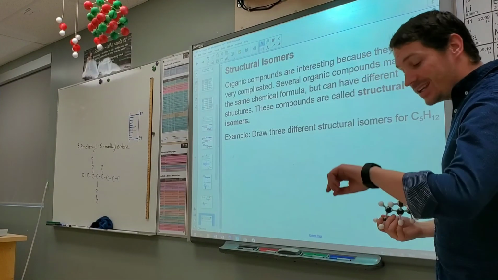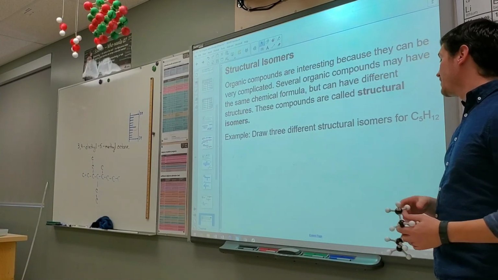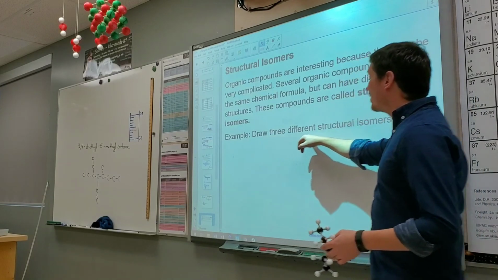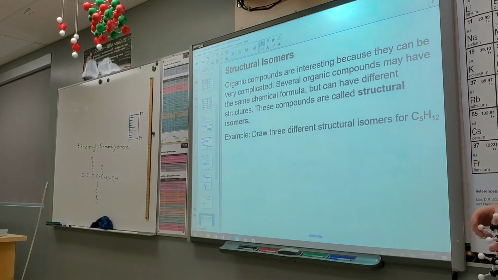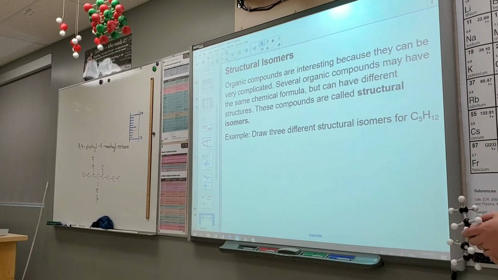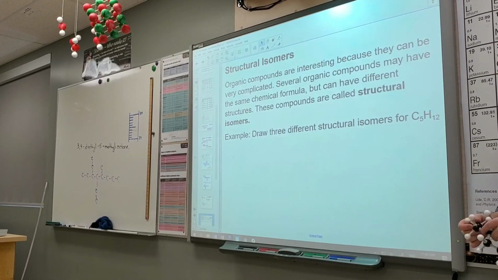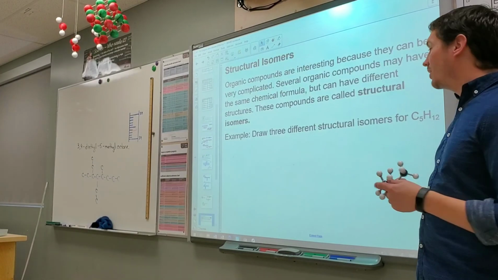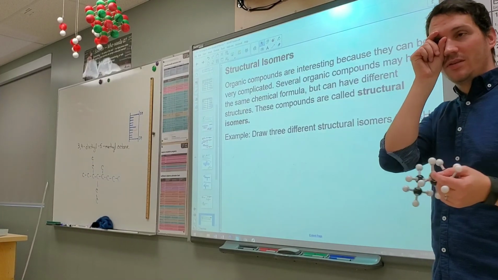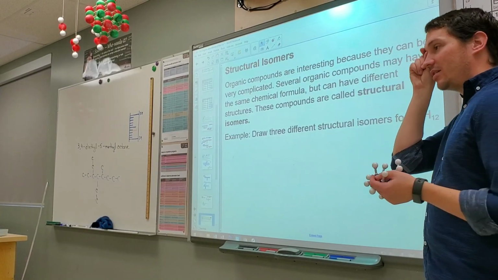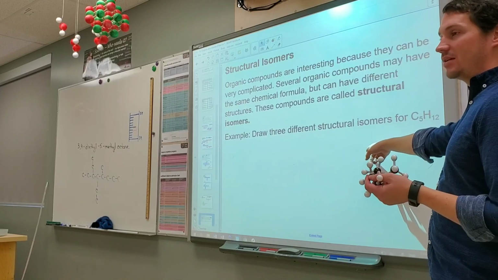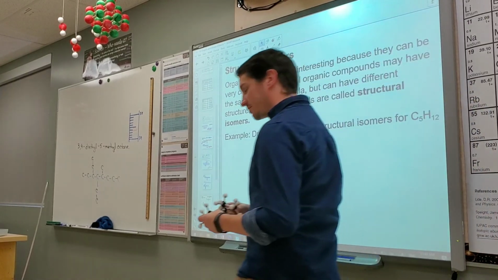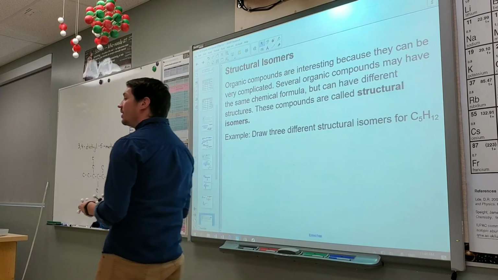And what I would like you to do in the remaining minutes is draw 3 different isomers for C5H12. How many? I know. It's okay. Can I assign you a tiny itty bitty little homework? Yes. No. It's fine. We never get homework in this class. Draw 3 different isomers.